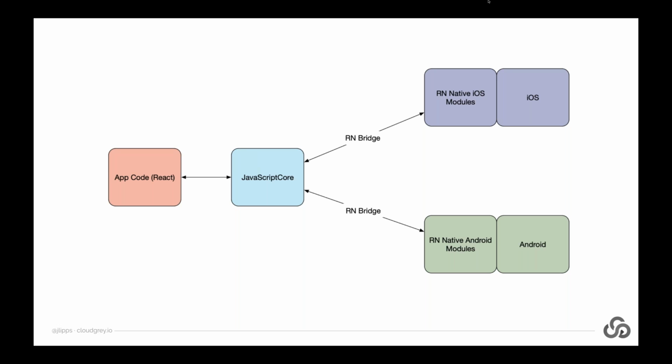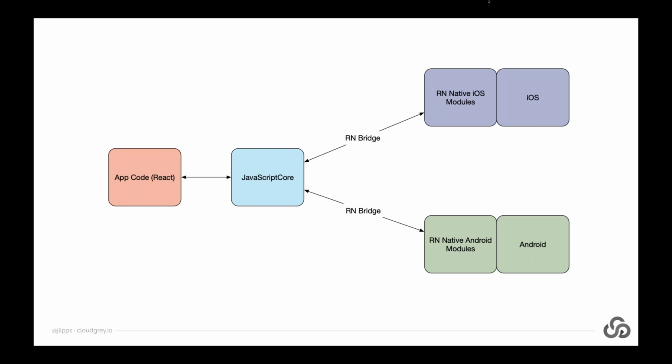But then what's different with a React Native app and the pieces of the architecture that we have here that we wouldn't have with a fully native app are, of course, this JavaScript Core engine, which communicates to the native modules via the React Native Bridge, and then we have our own app code.